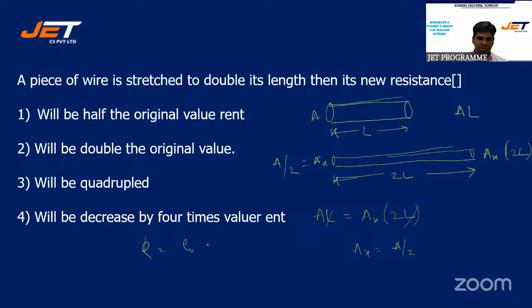R is equal to rho 2L by A by 2. Look at the numerator: rho L by A into 4. Rho L by A is the previous resistance. So the new resistance will be 4 times the initial. So it will be quadruple.